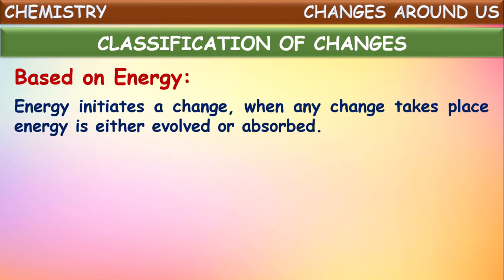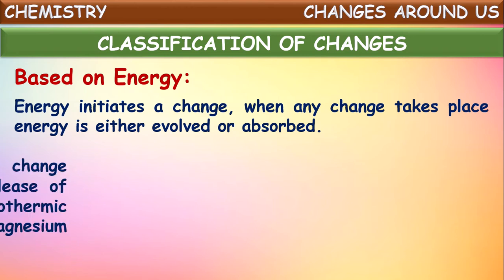Some changes absorb energy while happening, and some release energy while the change is being carried out. Based upon this, changes can be classified into two types. They are exothermic changes and endothermic changes.